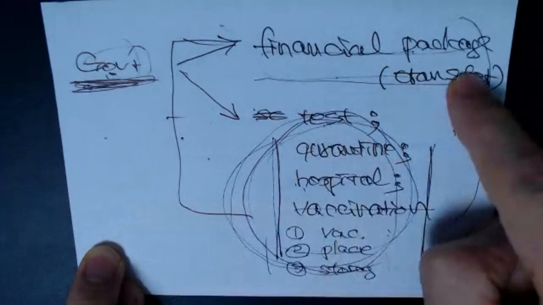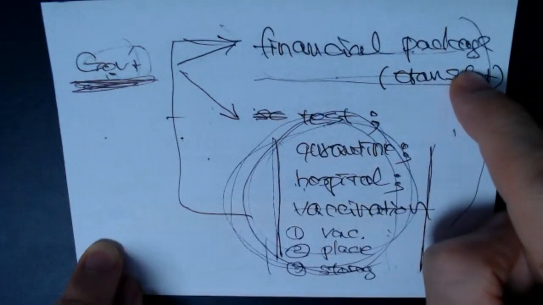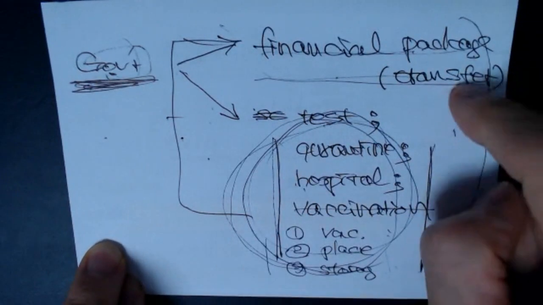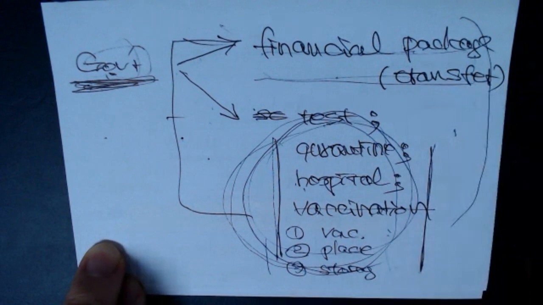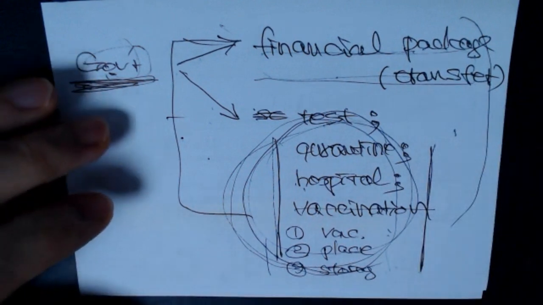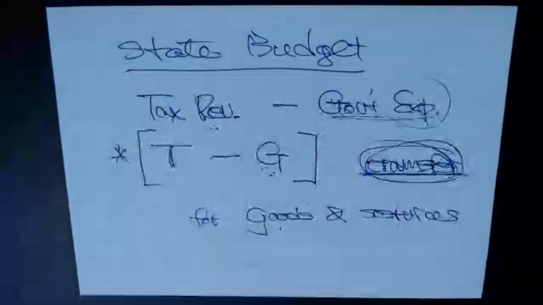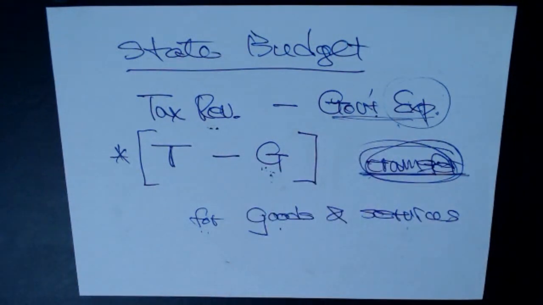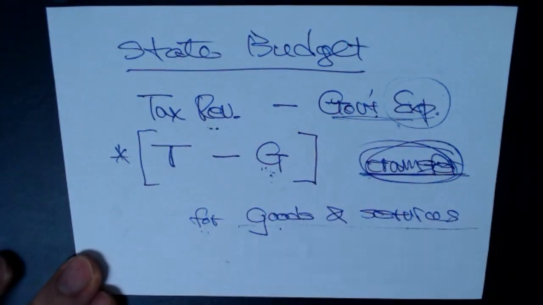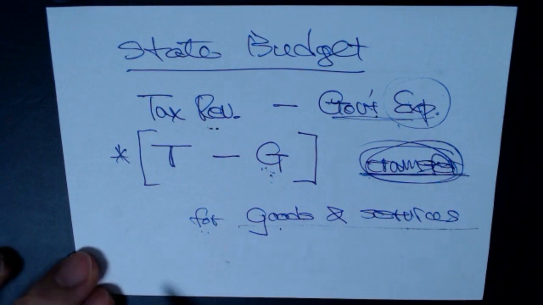One creates value, the other doesn't create value yet, unless the receivers spend the money. We know that most of them will spend the money, but this activity itself doesn't create new value. So whenever we talk about G, we exclusively talk about purchase of goods and services.